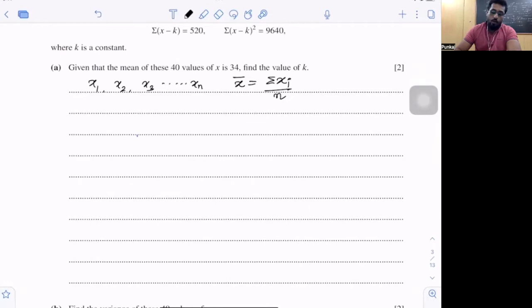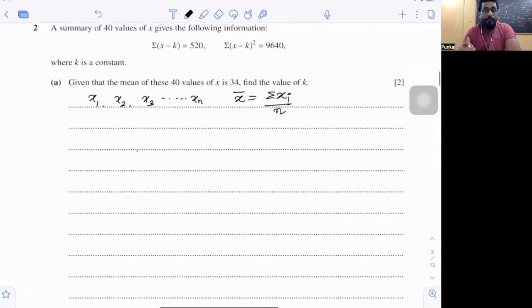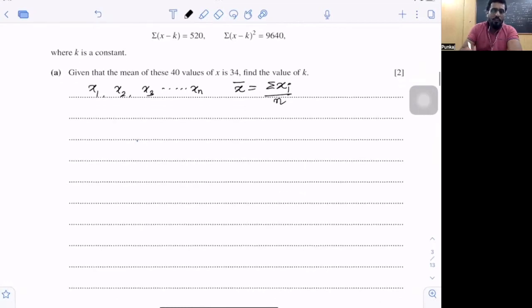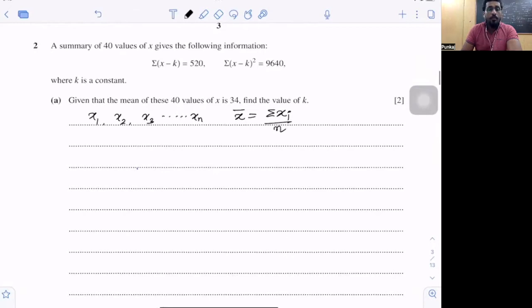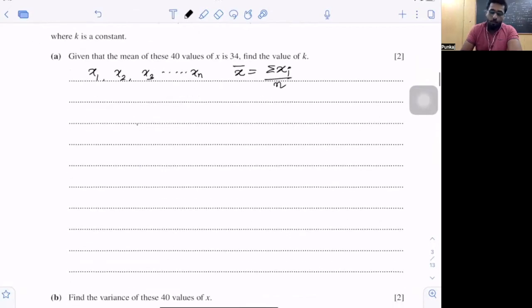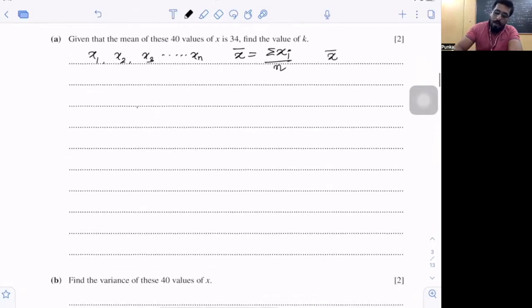So now if I say that every variate is reduced by an amount of k, what's the mean of these 40 values given to us? It's 34, right? The mean of the 40 values of x is 34. So x bar is 34.